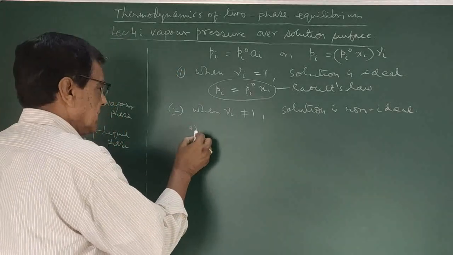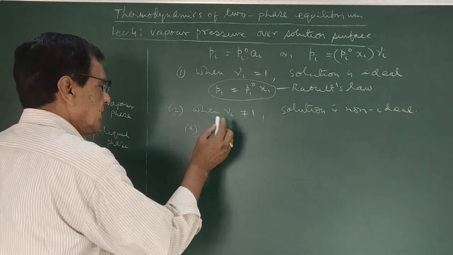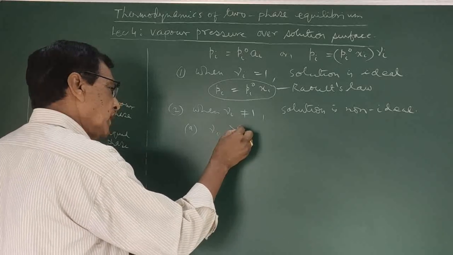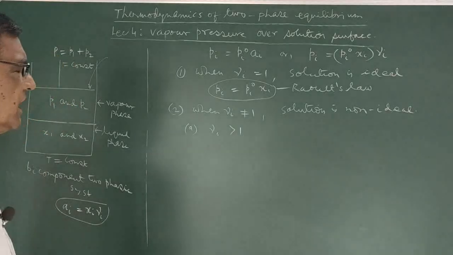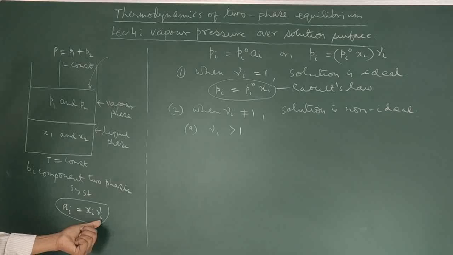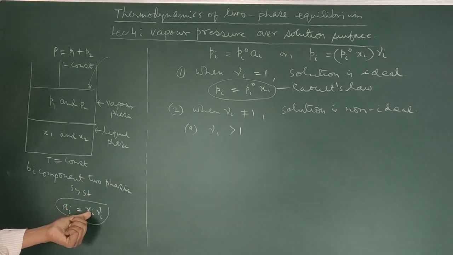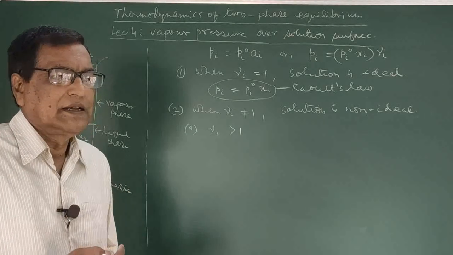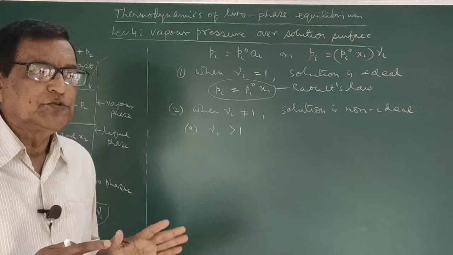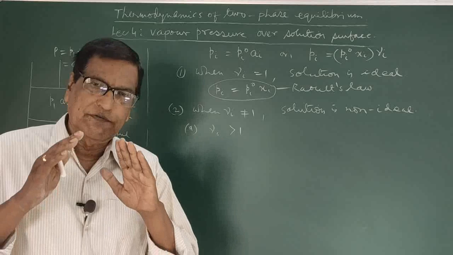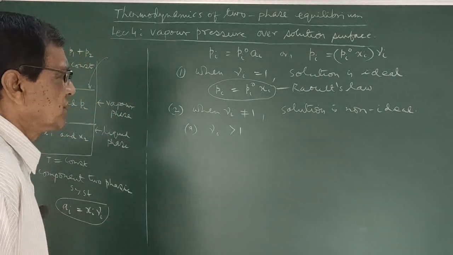Whenever gamma i is greater than 1, the activity is greater than x i, which means the ith component is more active than in ideal solutions, due to extremely weak intermolecular attractions between the first type and the second type of molecules.